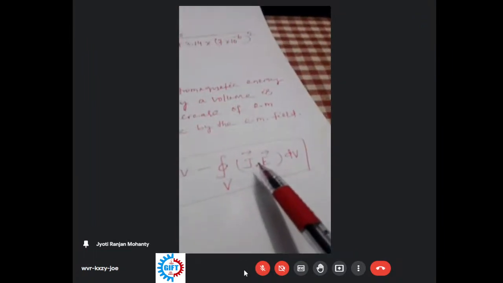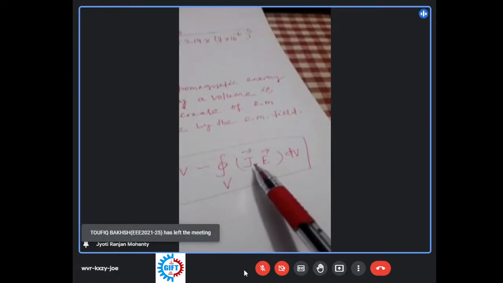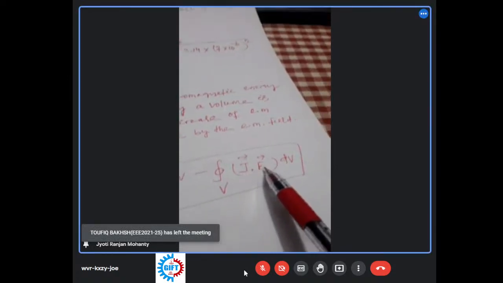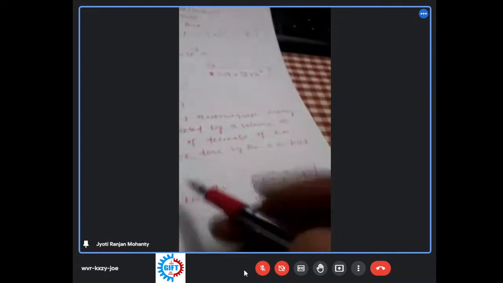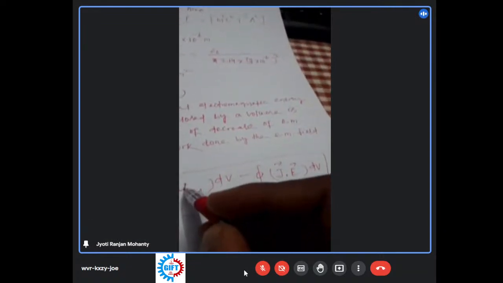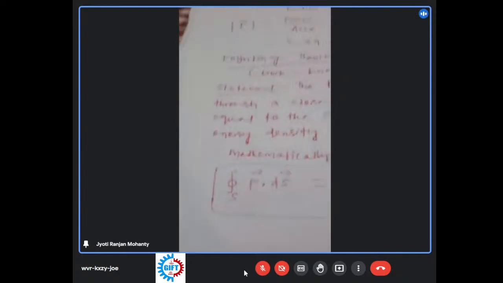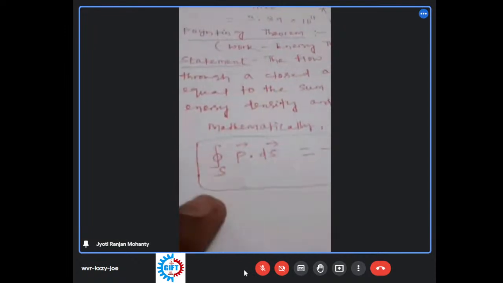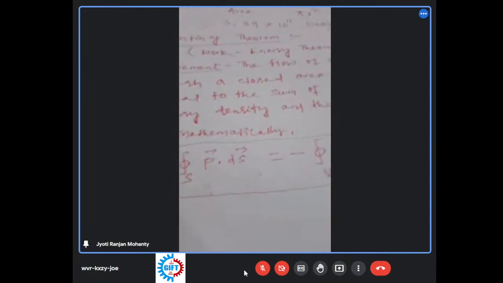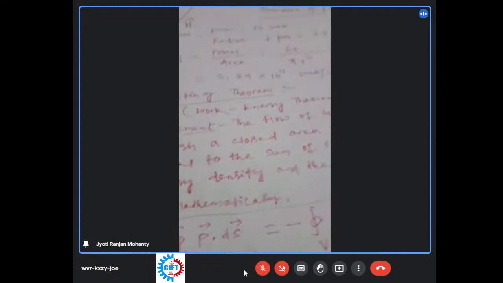Current density. J vector dot E into dv. Okay. So this statement is known as pointing theorem. So first Poynting had done the derivation part, then he got this answer. Mathematically he got this. Then he gave the statement.